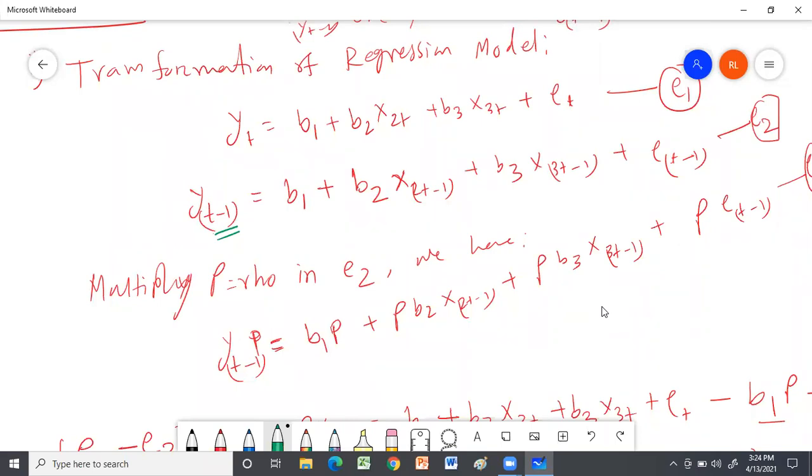If the earlier year is 2019, prior to 2020, you are ignoring 2020's data. That means out of your total data set, if there are 20 observations, you are ignoring one observation because you are restructuring the regression model depending on one year lag period data. So what would be your total number of observations in this transformed regression model?